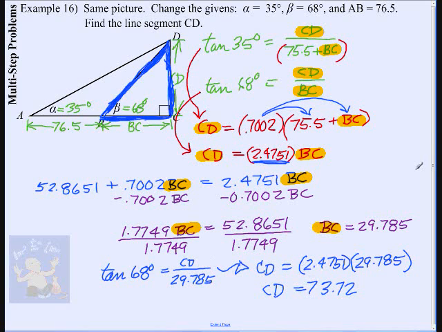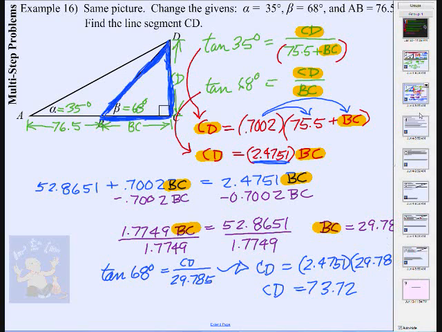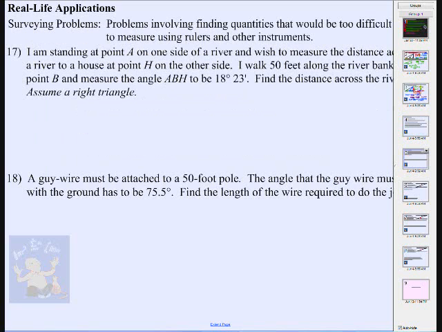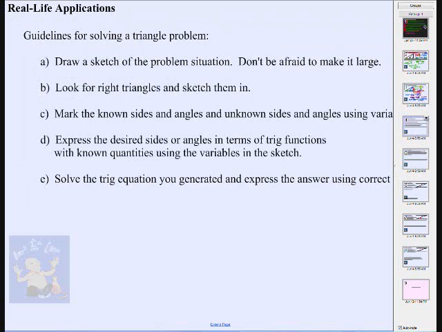Okay, I think that's enough for today. We have a lot of word problems yet to do, and I haven't even gone over the guidelines. Read those in class, and then we'll do some of these in class. Real life applications, surveying problems. Ooh, we're getting into the real world.